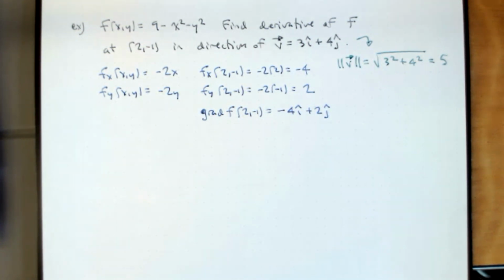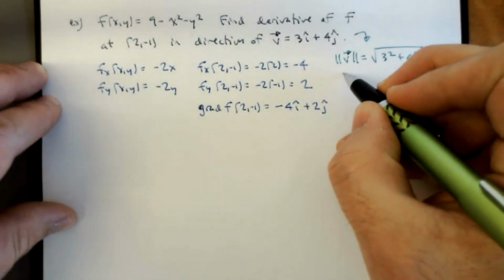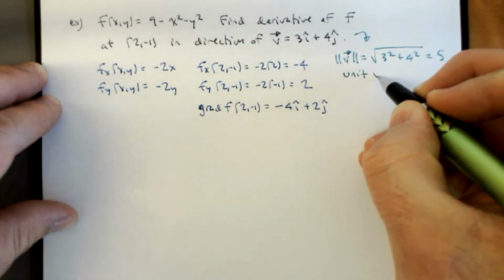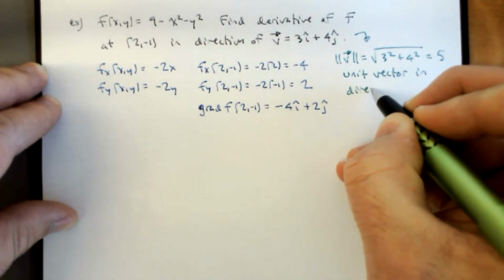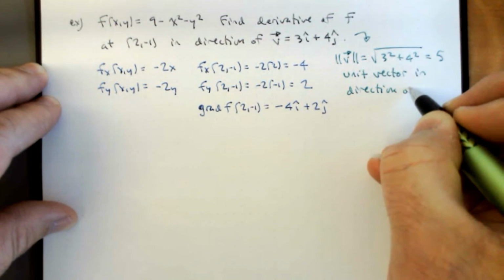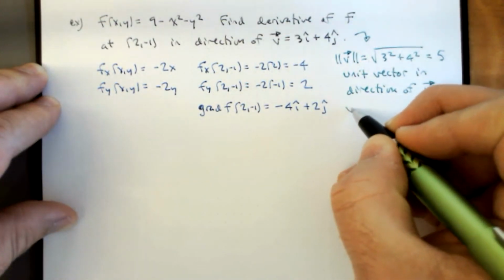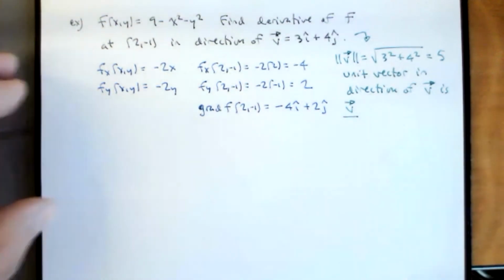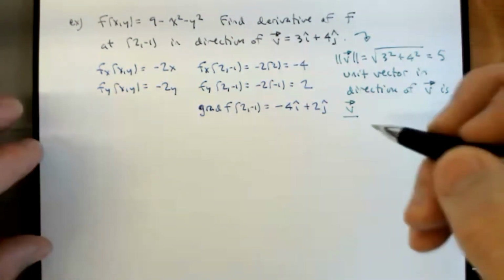So a unit vector in the direction of v: just take the vector v and divide by its length. Scale it down to a length of 1.